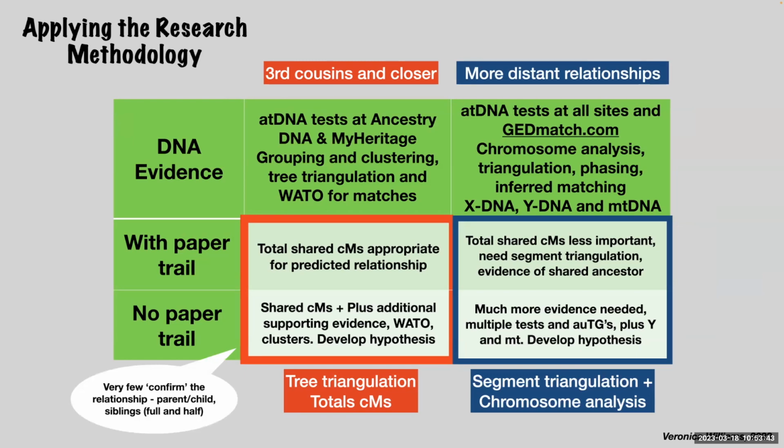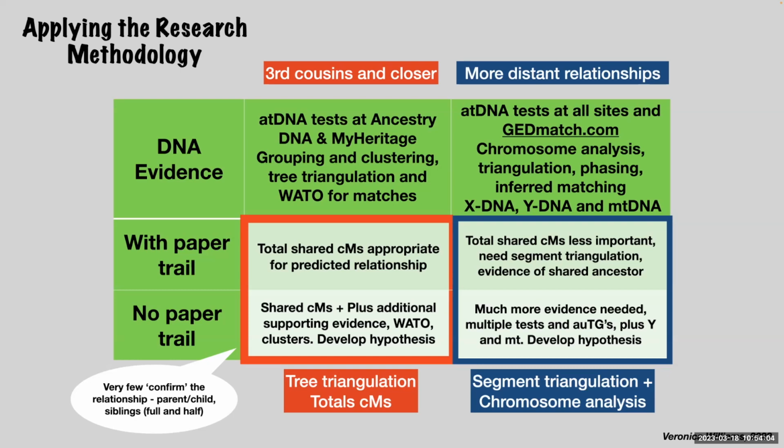And even in the shared centimorgans, very few relationships actually confirm an ancestor. Even parent-child and siblings, full and half siblings, if you're looking at the match in, say, Ancestry, they'll have 100% as the probability.